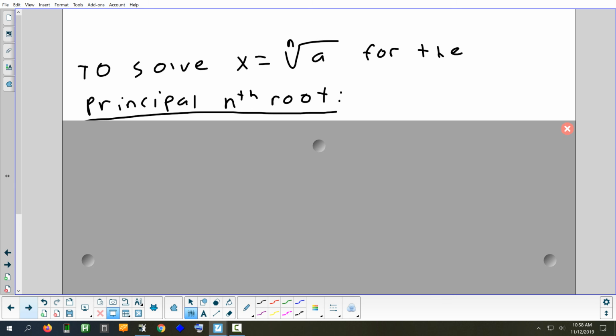Okay, next thing. When we are solving equations, if they say solve for the principal root, it means they want one answer. Now, we should know that when we take a square root, how many answers are there normally?